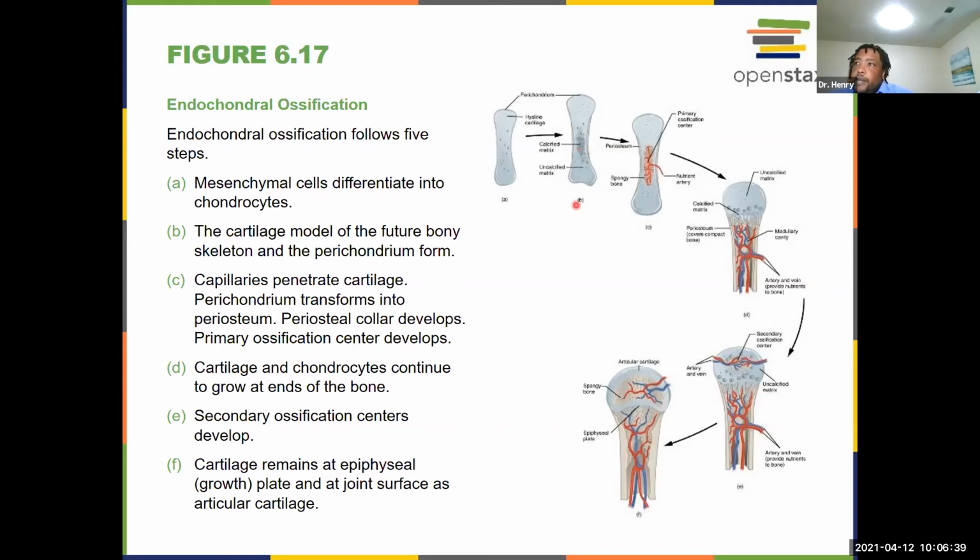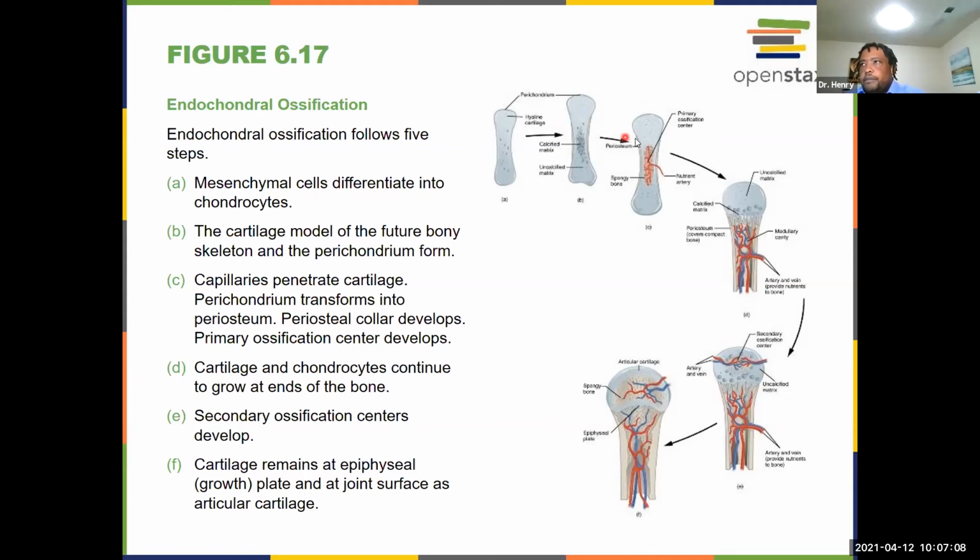The perichondrium starts forming a little bit more, and then in C, we have the capillaries penetrate the cartilage, and then the perichondrium transforms into the periosteum.